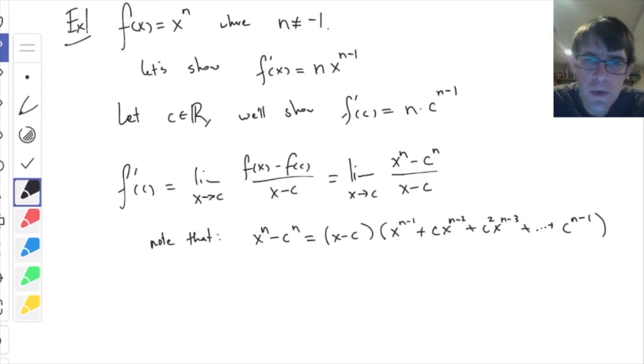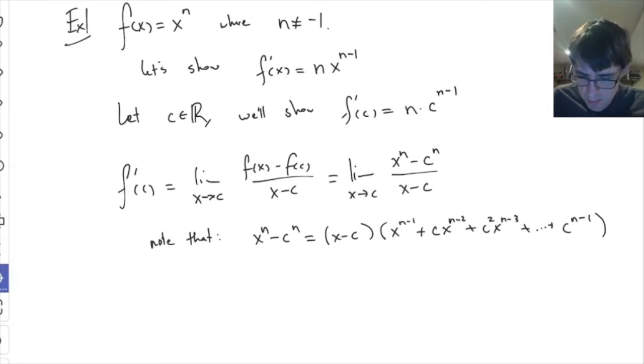A few times ago we used a similar formula about the difference of two cubes, which not as many people know. There's actually a formula for the difference of two nth powers, no matter what the n is, and the formula is this right here. If you don't believe me, I don't expect that you had this formula memorized, but certainly now that I show it to you, you can check this just by multiplying out. You have to distribute everything, and you will notice that everything cancels out except for the first and the last term in the product there.